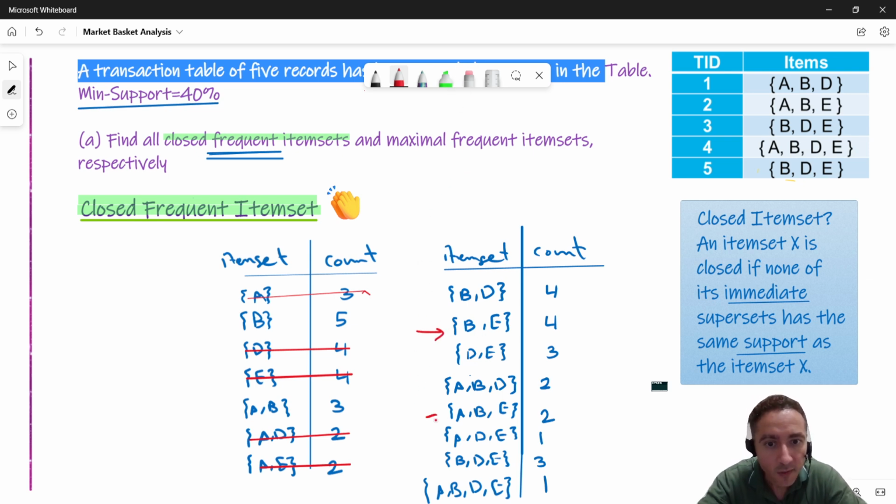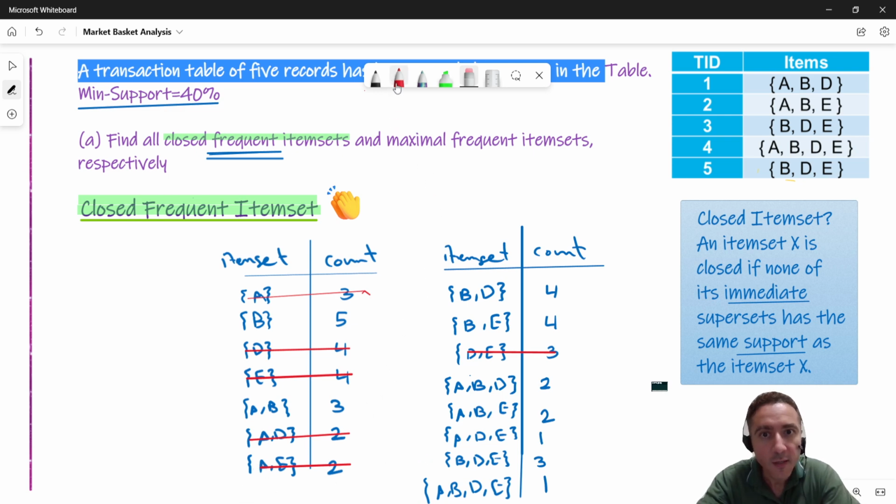BE: do any of these hold the same support count? No. Then this is a closed item set. Now at DE, with this one and this one, we have one superset holding the same support count, so this is out.